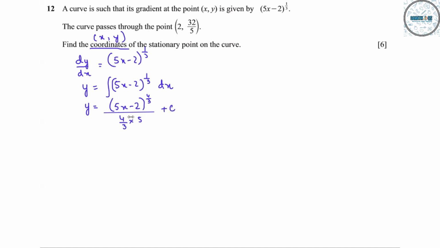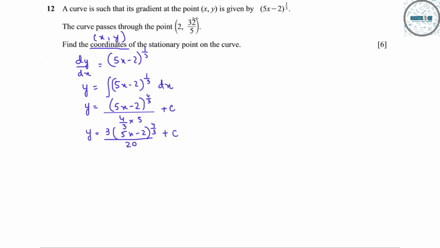So when we simplify this, it will become 20 upon 3. We will take 3 to the numerator. So the equation of y is 3 into 5x minus 2 with power 4 upon 3 divided by 20.